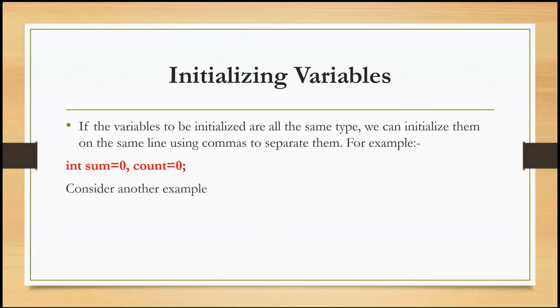Now consider another example. int apples equals 10, comma, oranges equals 12, comma, bananas equals 24 and semicolon, okay? So apples variable will be assigned the value 10, oranges variable will be assigned the value 12, and bananas variable will be assigned the value 24, and all these variables are of the type integer, okay?